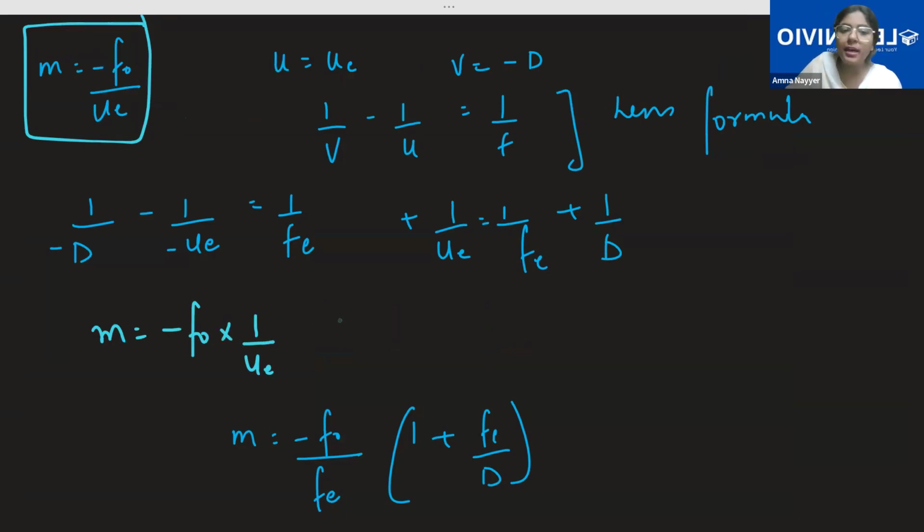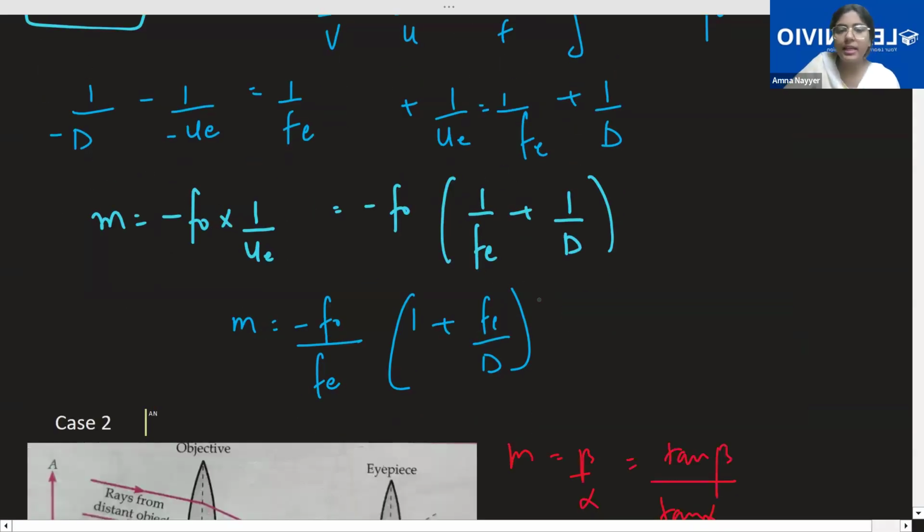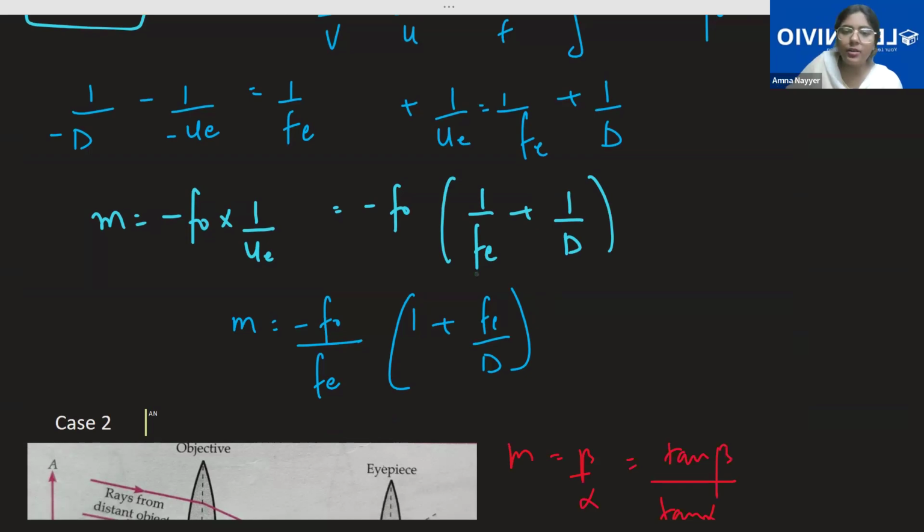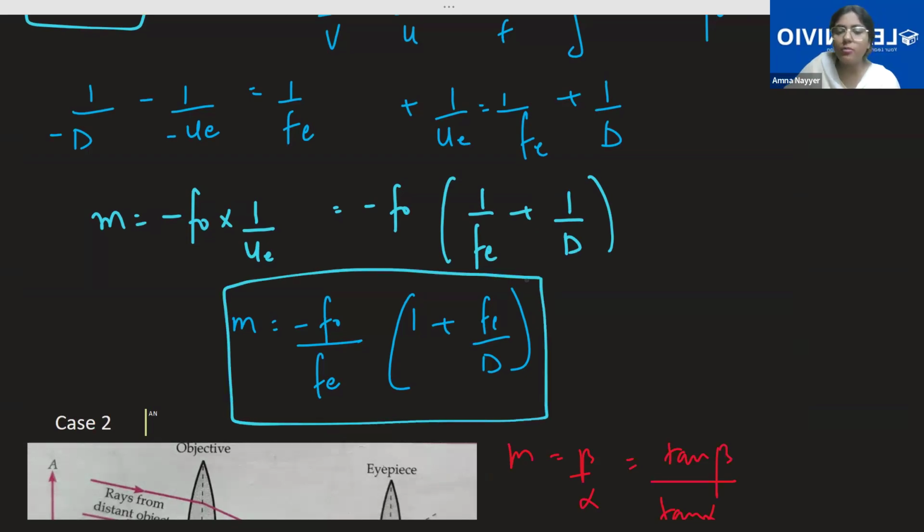So for 1/uₑ, I am putting this value: minus f₀ into (1/fₑ plus 1/d). Now I'll take fₑ out. So here this will be multiplied by fₑ, so that when you multiply inside, you're getting the same thing. So minus f₀/fₑ into (1 plus fₑ/d).